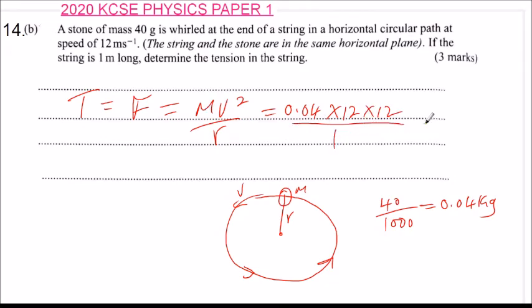You divide by 1, and you can use your calculator. You'll be able to get 5.76 newtons. So that's how you get the tension in the string, and you'll be able to get 3 marks if you show all the working. And that is how you do that question.